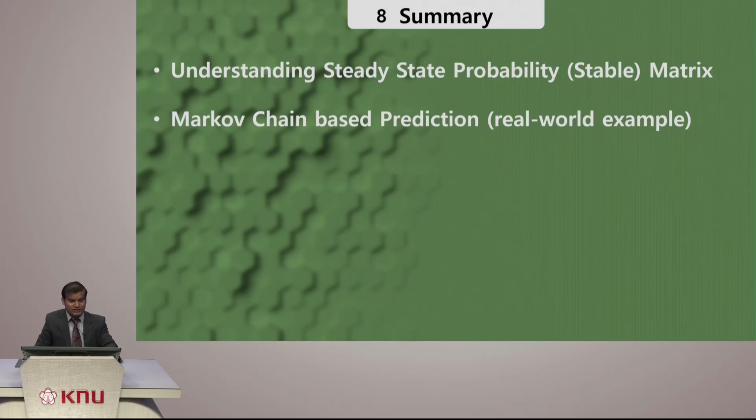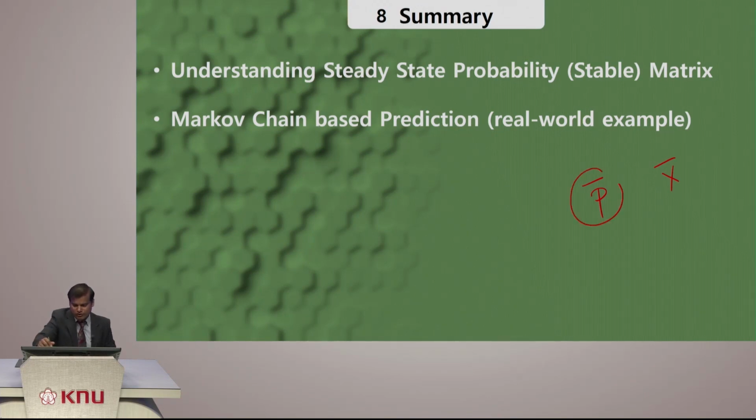We understood what is a steady state probability, what is this stable state matrix. We talked about P naught, we talked about Pn, we talked about P power, we talked about this probability matrix when it reaches stability, right?